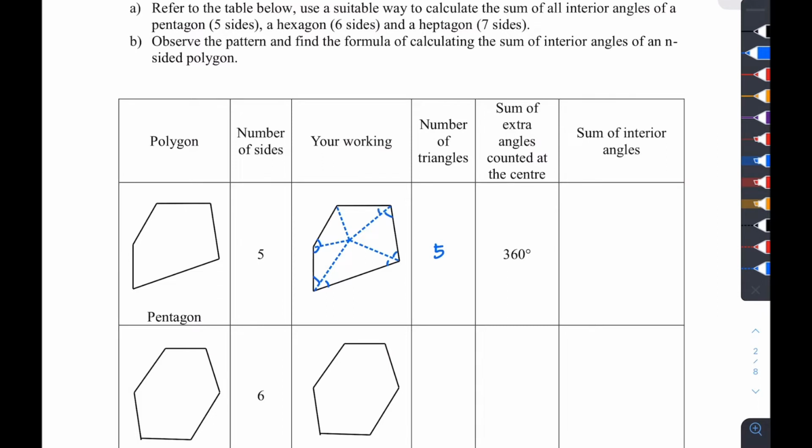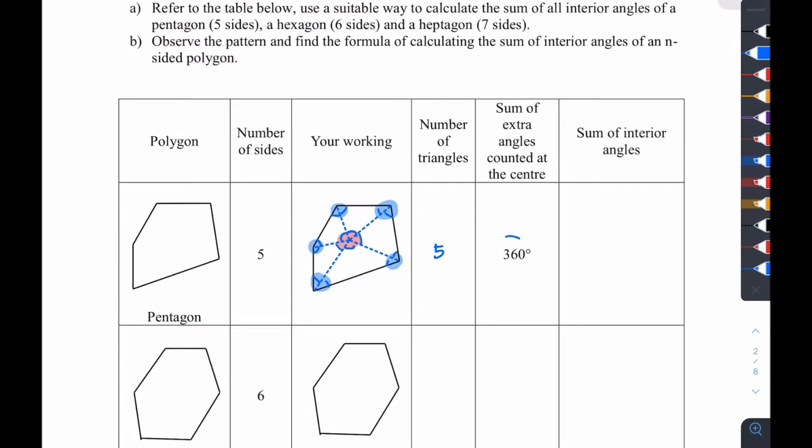You see all these angles here are the interior angles of the individual triangles. Now, however, in order to look for the interior angles of the pentagon, we only want this one. What we don't want is the angle at the center. That's what we need to remove, that's what we need to minus off.